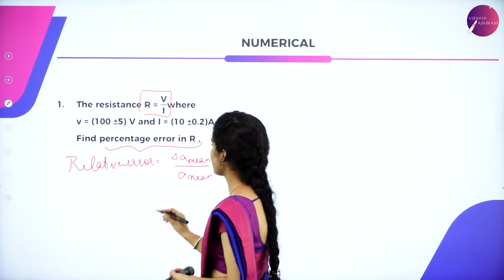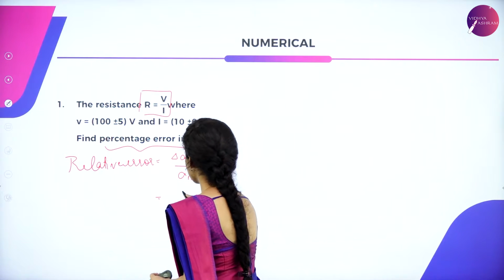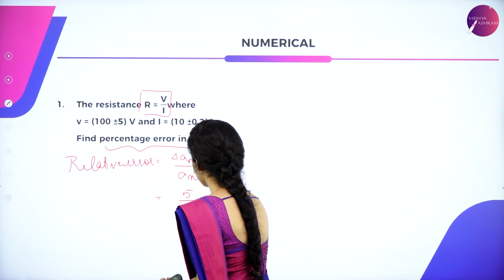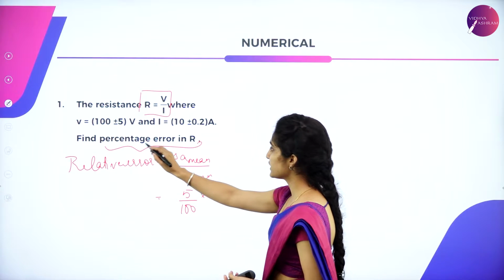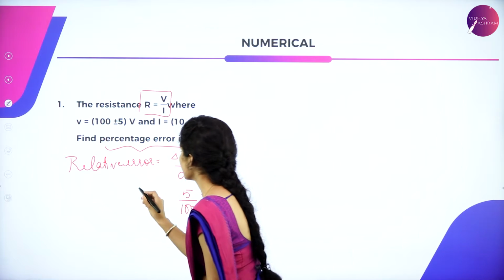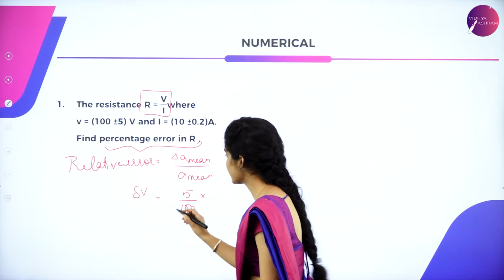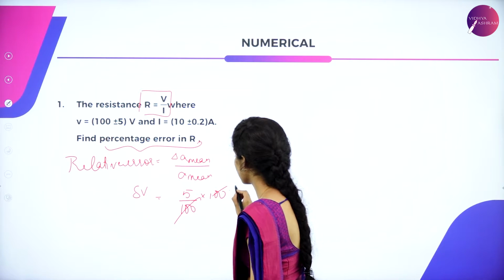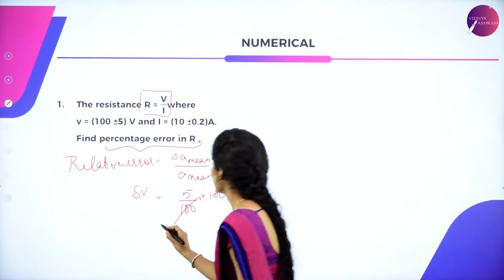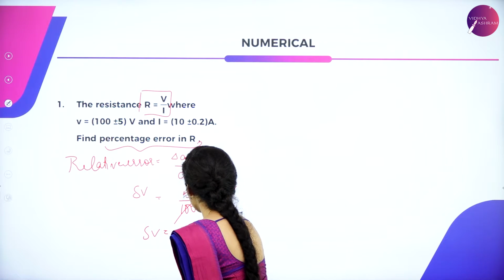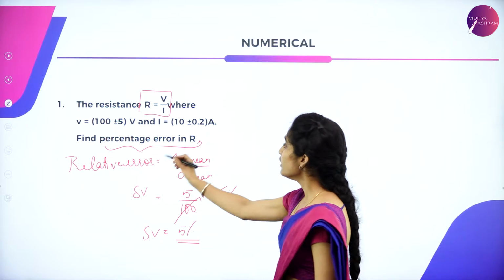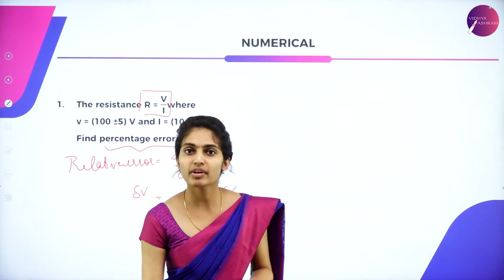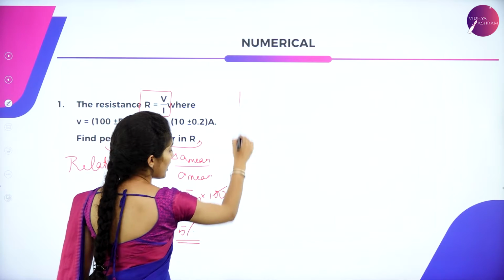The error is calculated first, that is 5 divided by 100, into 100%, since we are calculating percentage error. So this is 5%, the percentage error in V. Similarly, what is the percentage error in I?